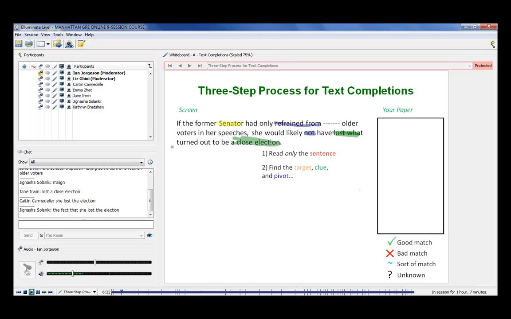So this is how complicated this is, right? We've got this idea that we could have rewritten the sentence sort of in the sense of because the senator blanked older voters, she lost the election. But now we've put it in this sort of if-then phrase, and we've also put in this refrain from and likely not.